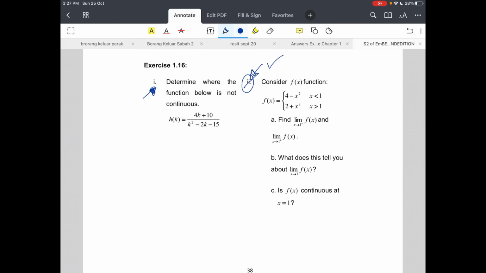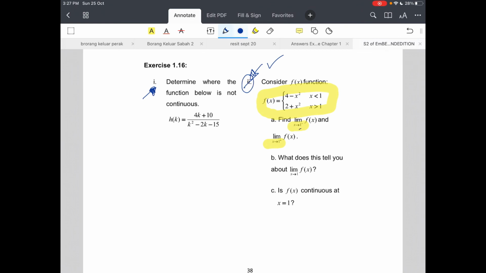Consider f(x) function. We have a piecewise function. Now find the limit as x approaches 1 from the left side and x approaches 1 from the right side. So according to this function, I believe that you already know how to answer it.